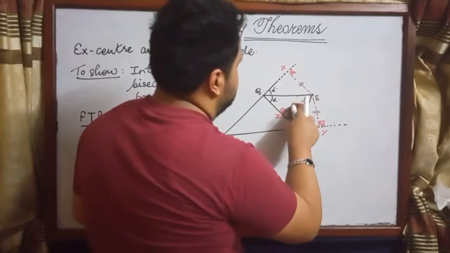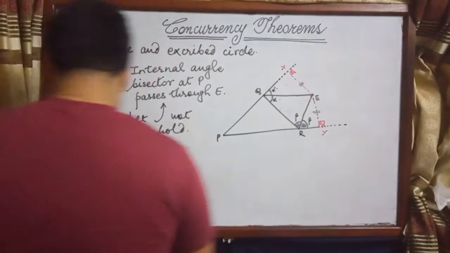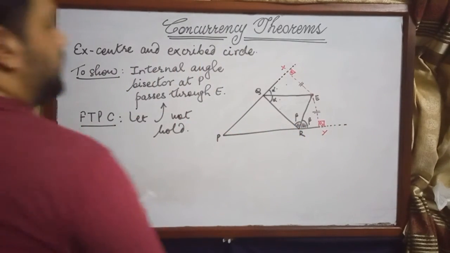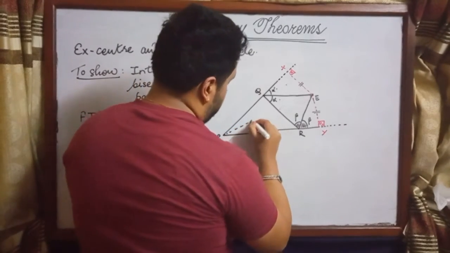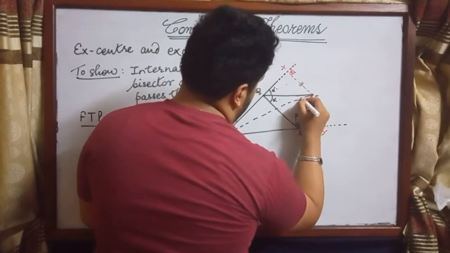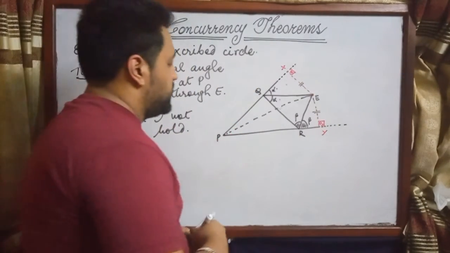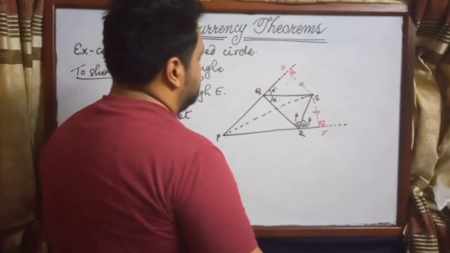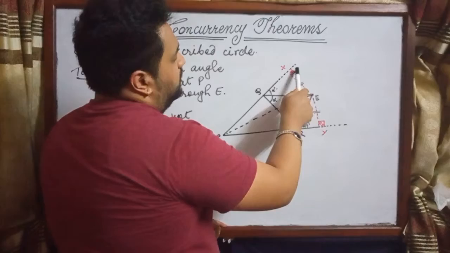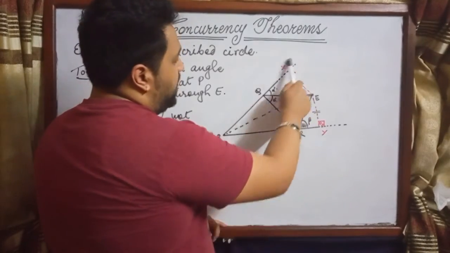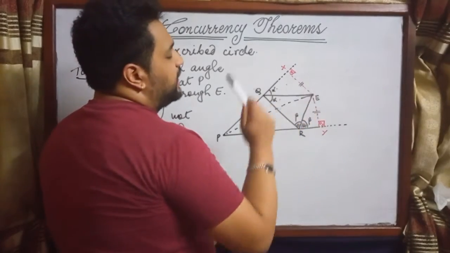We do not need this part for the time being. Now let's join P and E. Just like in the previous case, triangles PXE and PYE are right angle triangles.